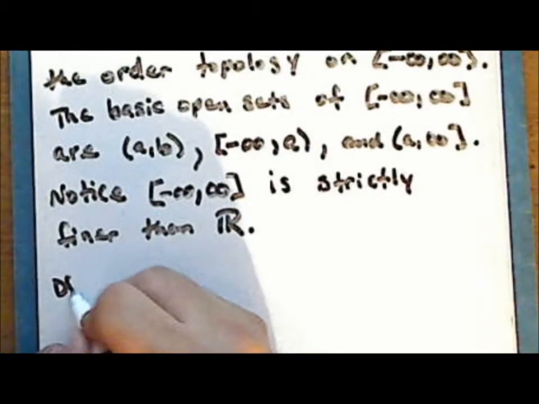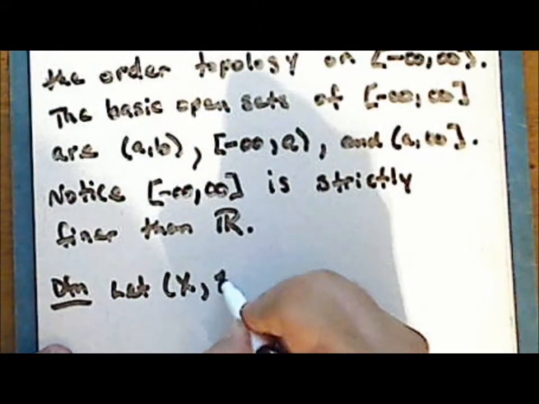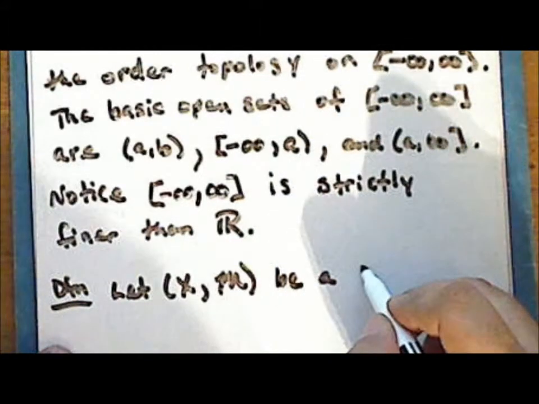Okay, so a new definition. Let the set X together with the sigma algebra in X be a measurable space.